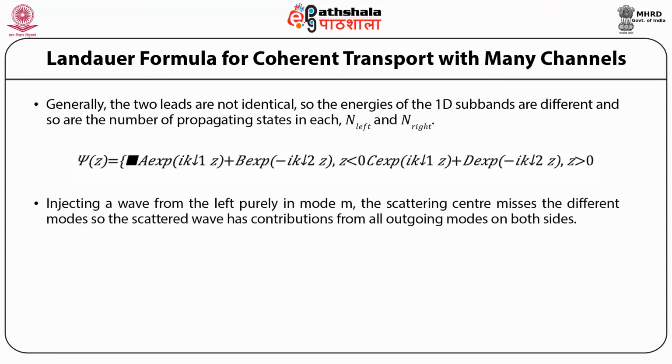Injecting a wave from the left purely in mode m, the scattering center mixes the different modes, so the scattered wave has contributions from all outgoing modes on both sides.